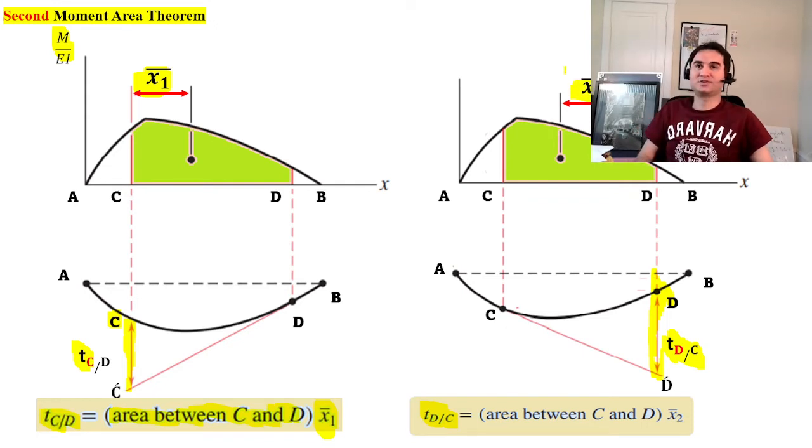And x bar is just the centroid of the area measured to that vertical axis. It's measured from the first point, so x bar 2 is the distance from the first component here.